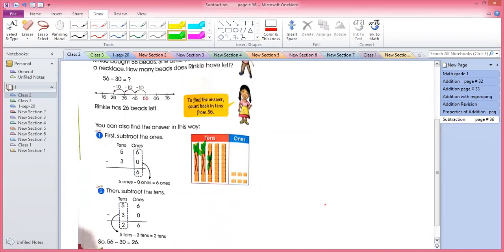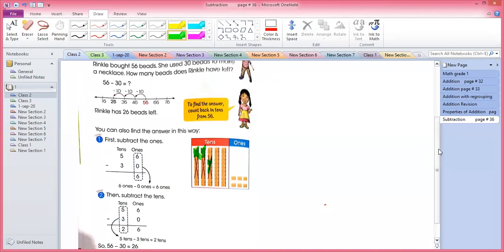How many tens are remaining now? 1 and 2. Only 2 tens. 6 we write as it is. When we subtract 0 ones from 6 ones, we get 6 ones. And when we subtract 3 tens from 5 tens, we get 2 tens. So the answer is now 26.